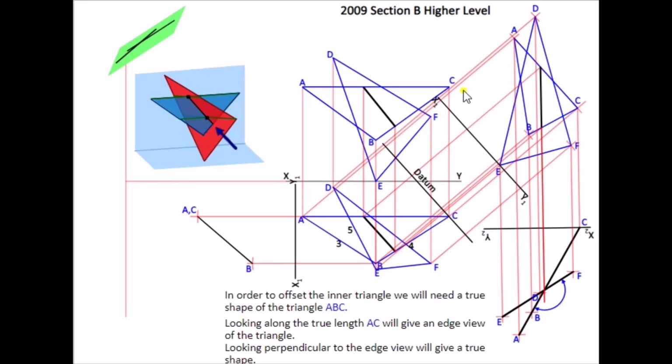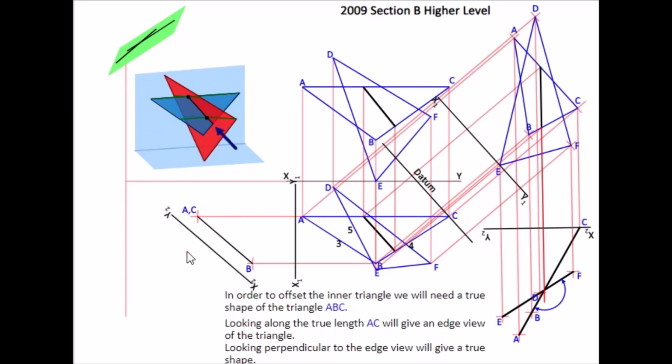So we need to measure in 10 mils from the edge here and from the edges BC and AB. So this is to represent a set square. So in order to do this, the easiest way is to see this blue triangle as true shape, and then we can mark in our 10 mils all the way around.